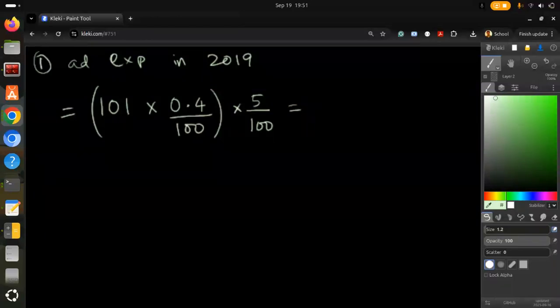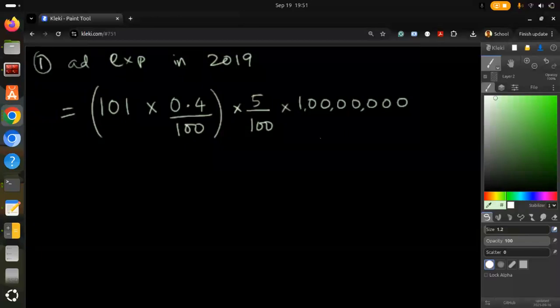Let's try to work it out. What is 1 crore? If I want to get it in rupees, the units go 10, 100, 1,000, 10,000, 1 lakh, 10 lakhs, and 1 crore.